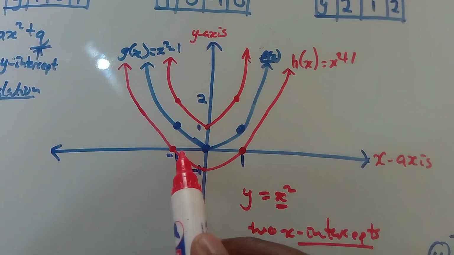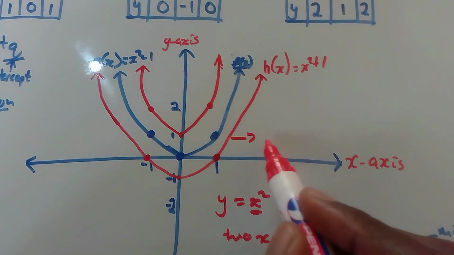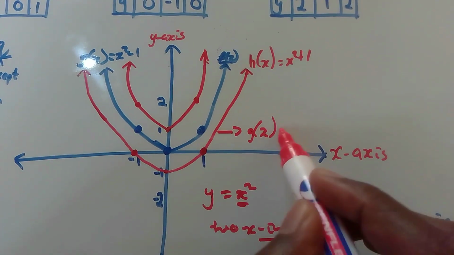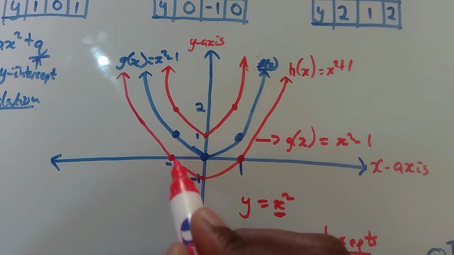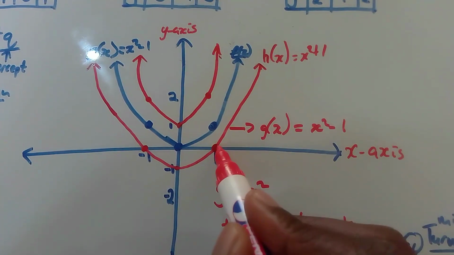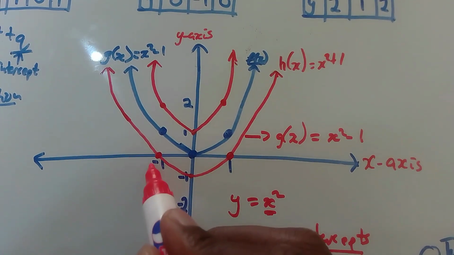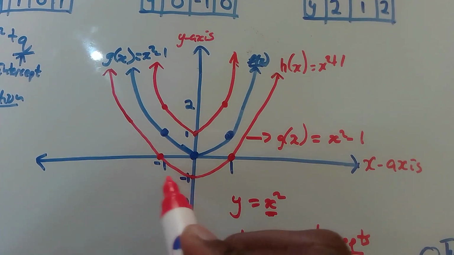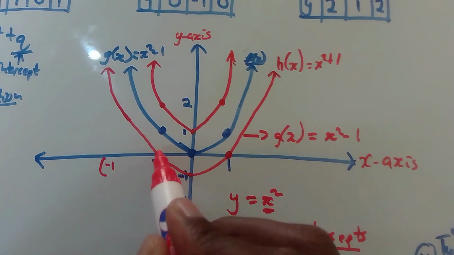As you can see with this graph, the graph of g of x equals x squared minus 1, we've got the x-intercept here, which is -1, and the other x-intercept, which is +1. So we are simply saying that if you observe, our x is -1, but our y is what?